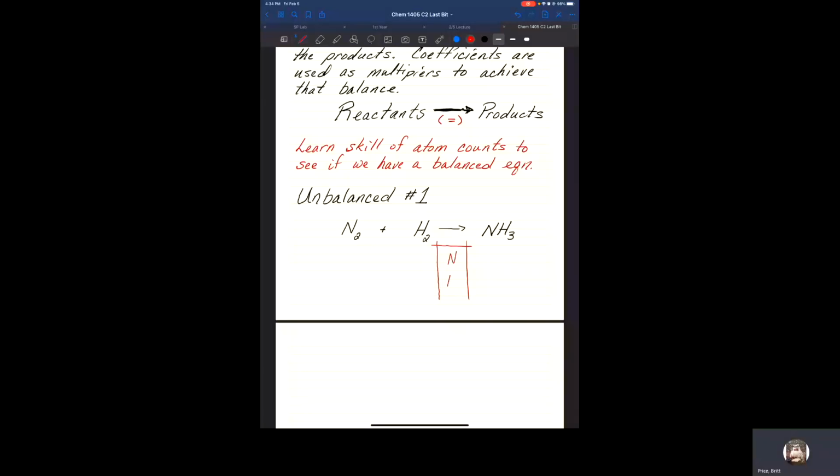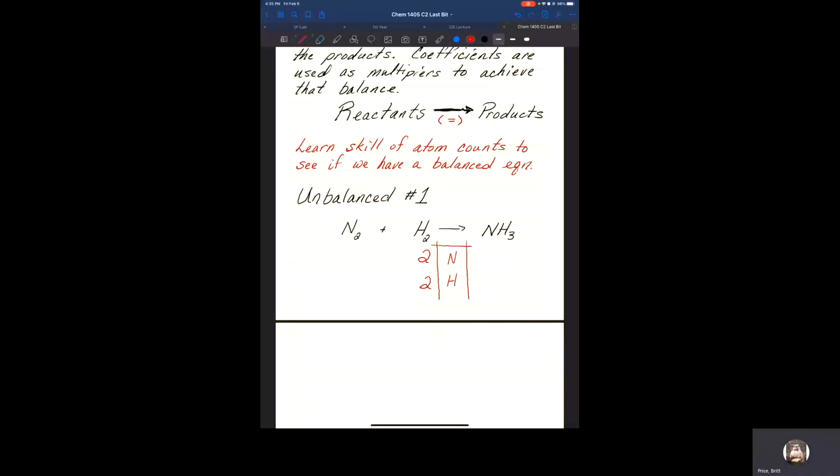First thing to do is just to learn how to pick apart these various chemical formulas. So in N2, there are 2 nitrogens, and in H2, there are 2 hydrogens.